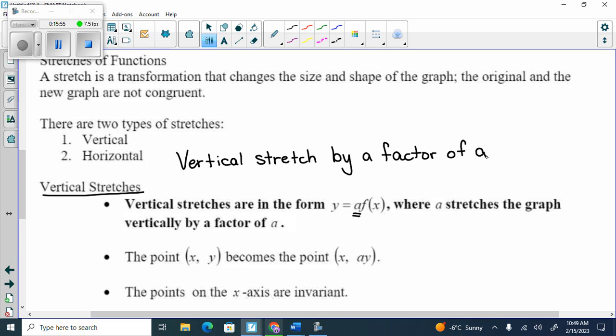In this case it's an a, about the x-axis. So if it affects the y, it's still about the x-axis. Just like if it is a negative, it's a reflection in the x-axis. Now some people say, well, I can just write half of that, right? No. You have to write the whole thing or you don't get the marks. So it's a vertical stretch by a factor of a about the x-axis.